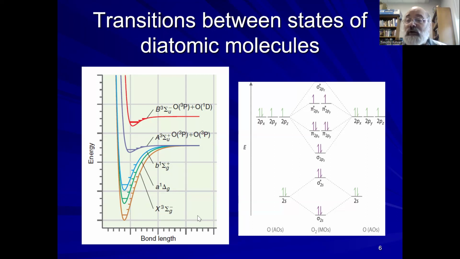And it's important to us that those transitions don't happen because those are visible light energies. The difference between this ground state and this second state is visible light. And so if oxygen underwent those transitions, it would be opaque. We wouldn't be able to see each other through it. The transition from the ground state to excited state A is also forbidden.